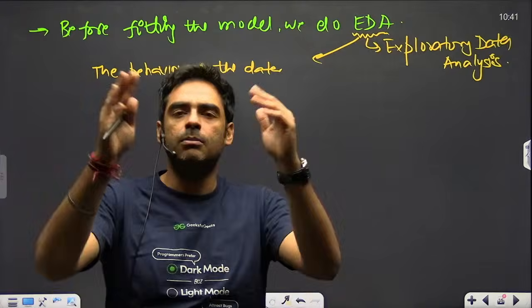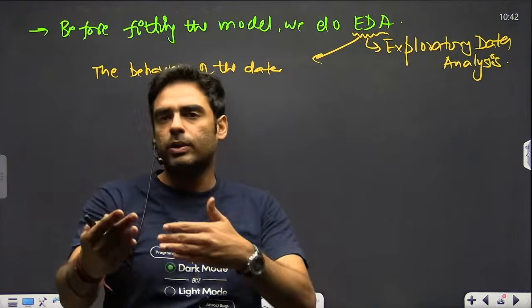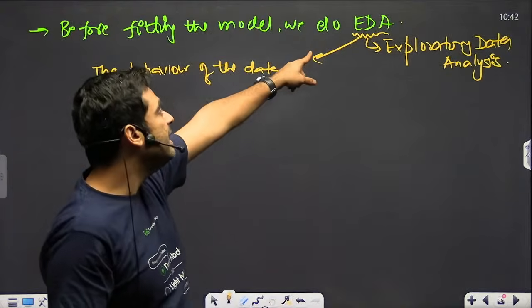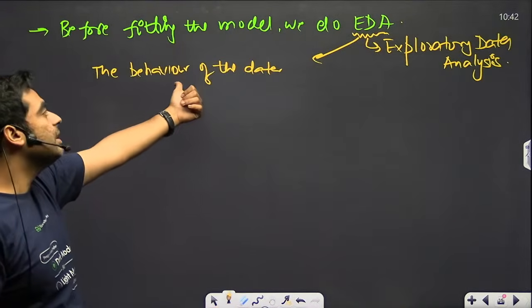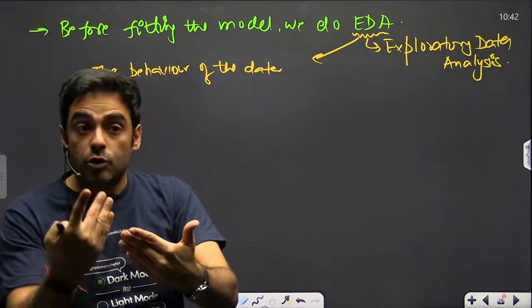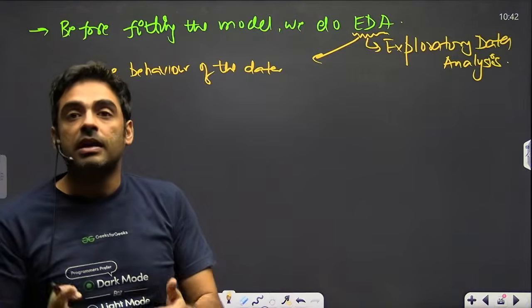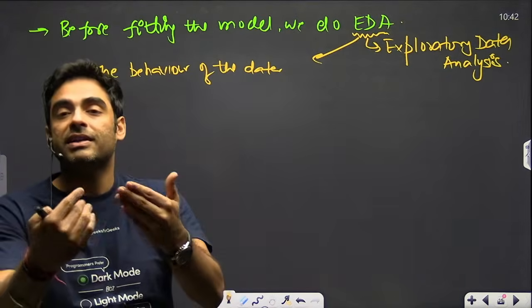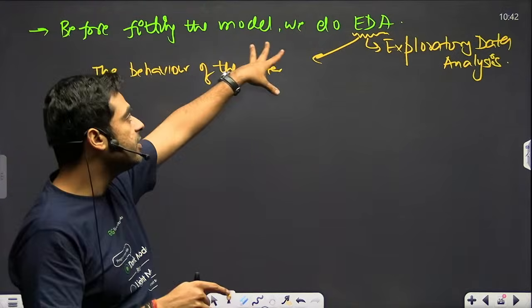We have more other steps also, so I won't be going that deep in the data science part, but always EDA is important. We try to check the behavior of the data, how the columns and features are related to each other, whether multicollinearity exists or not, whether it is dominant or not. So that is why everything is done using EDA.